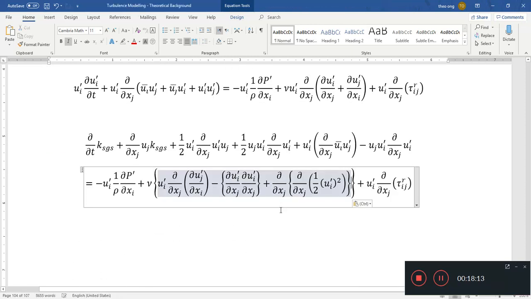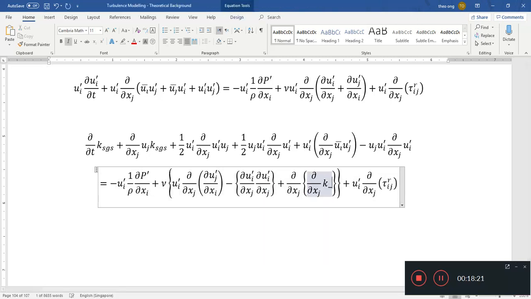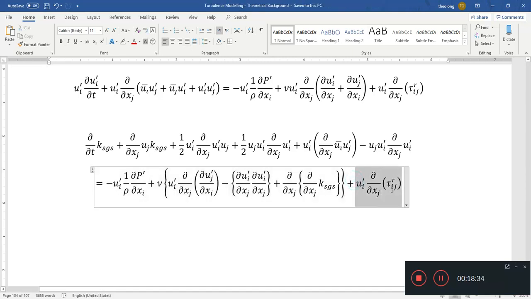This term here and this term here, I can pretty much say is the subgrid scale kinetic energy. So we have a second derivative of that. We have some funny dissipative term here. And then we have the subgrid stress tensor term.